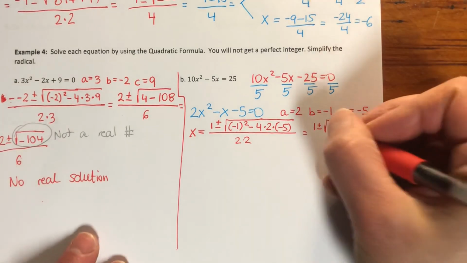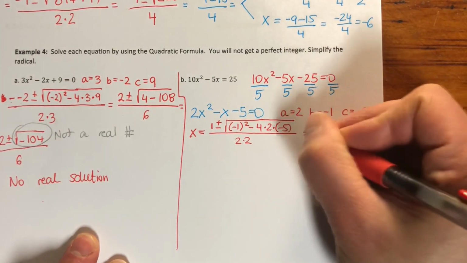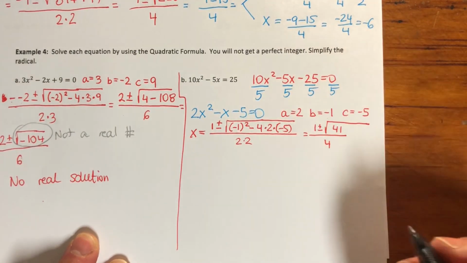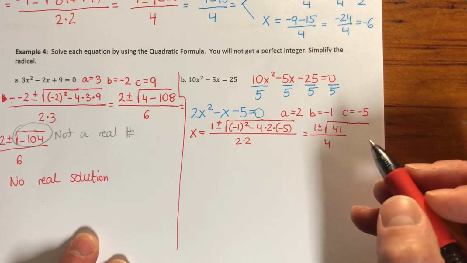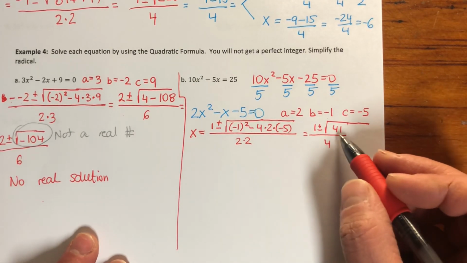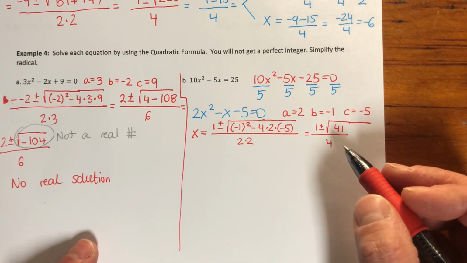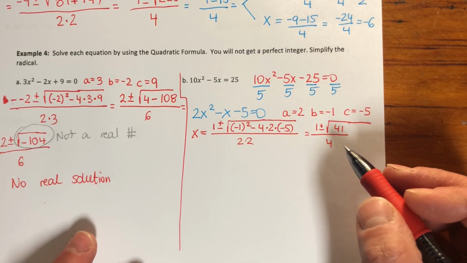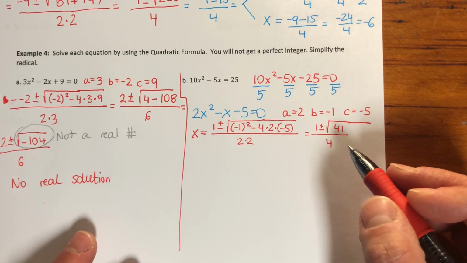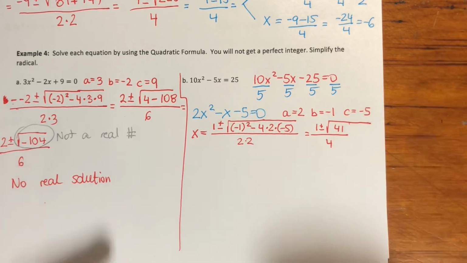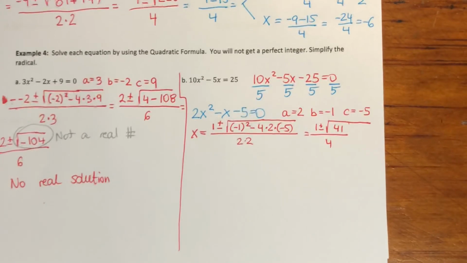So this is going to be plus minus square root of 41 divided by 4. Is there anything I can do with 41? 41 is not divisible by 2, it's not divisible by 4, it's not divisible by 9, it's not divisible by 16. Well, I think this is a number that we cannot simplify any farther.